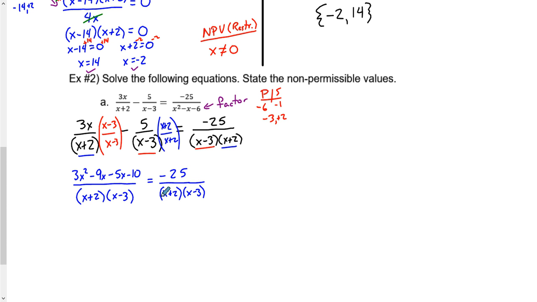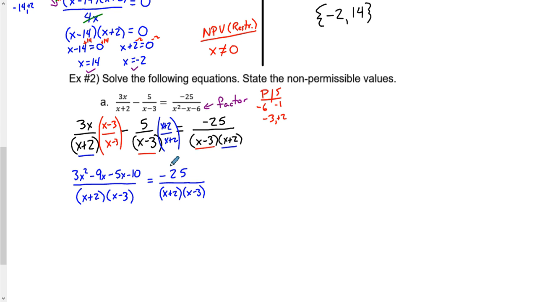Now that our denominators are both the same, I'll combine two steps in one. What you'll notice on this left side is that I can combine these x's. Well, a -9x and a -5x would give me a -14x.